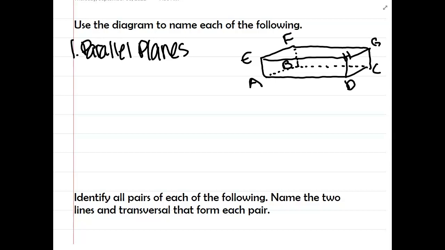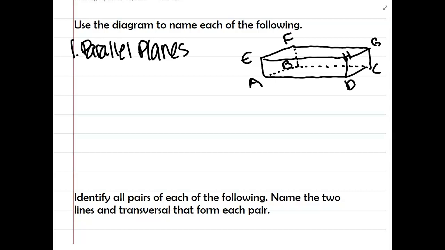Maybe you can get something written down. See if you could name a pair of parallel planes. We're going to need at least 3 points for each one of the planes. And there's actually a ton of different answers here because there's a ton of different ways you can name each one of the planes. All right, who thinks they have a pair of parallel planes for me?